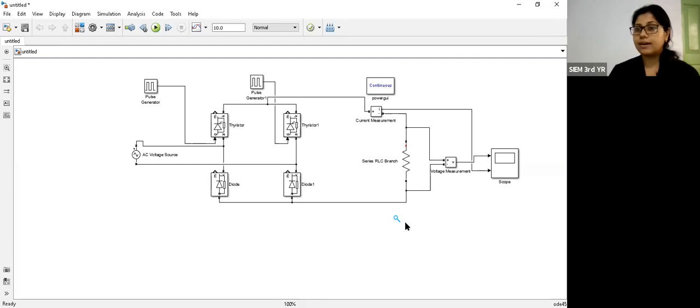Whenever we are designing any kind of power electronics model in MATLAB Simulink, you can see that it is nothing but an equation.